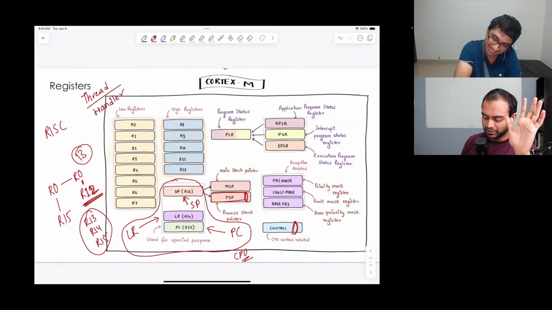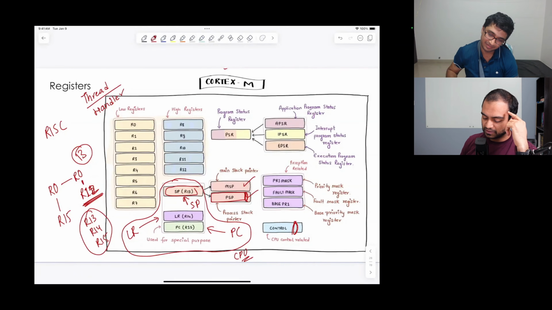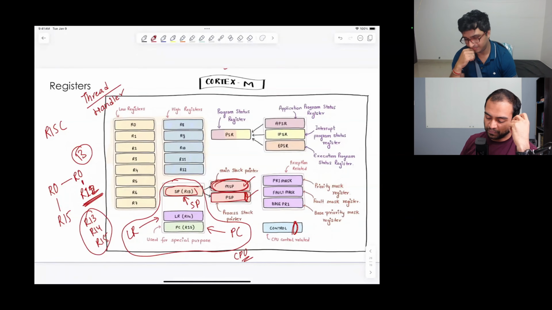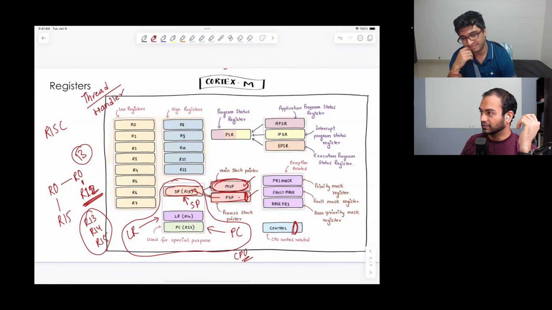I think I understand that. So just to summarize it for our viewers, the idea is that the SP will have one of the values of these two shadow registers, so to speak, right? By default, it will be MSP because it starts off in the handler mode, the reset handler. And if, when switching to thread mode, this is not changed to PSP, it only means that the value from PSP is not copied to R13.